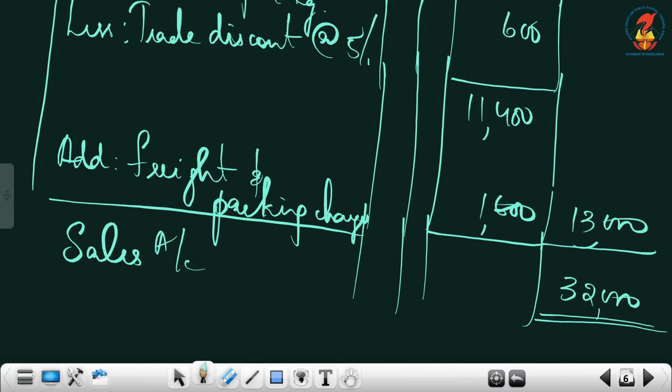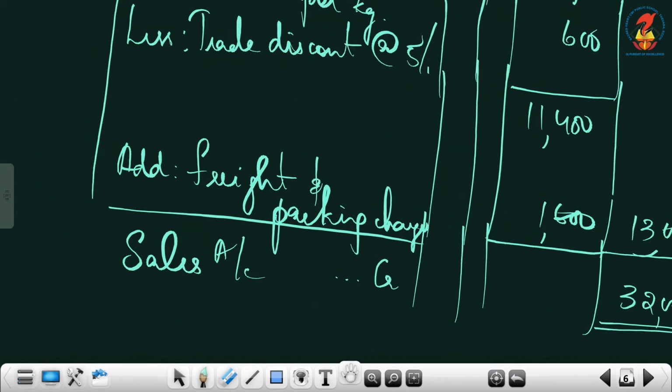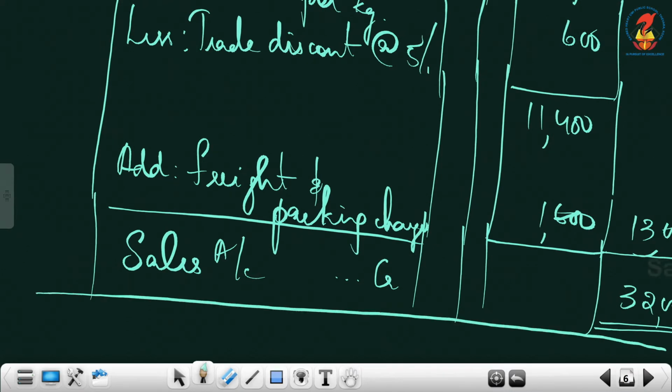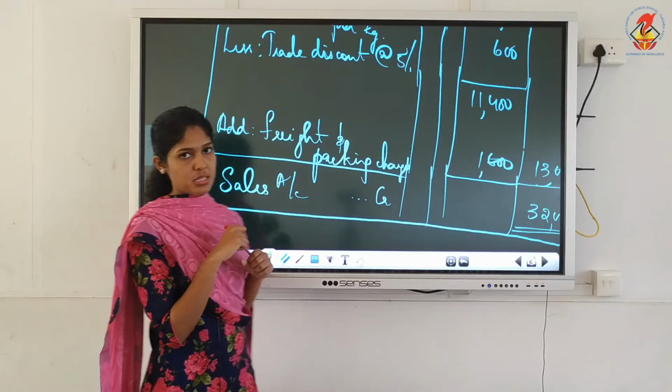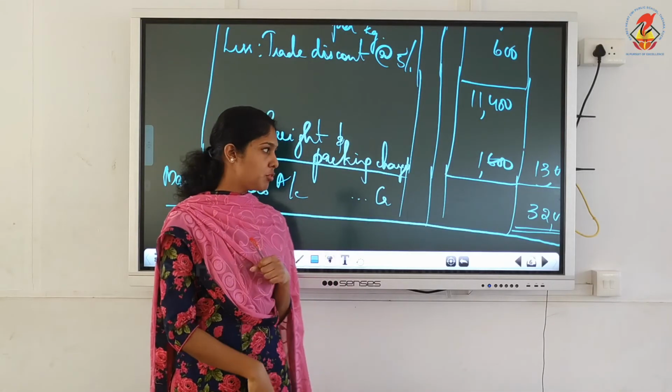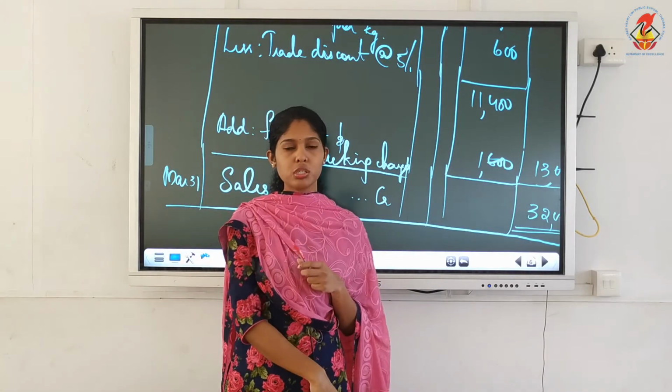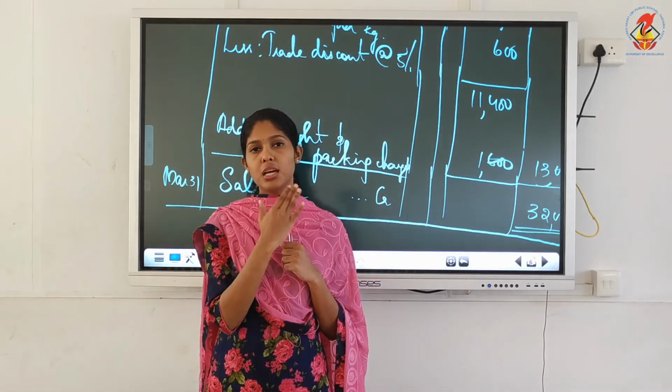So write sales account, and usually sales account will be having a credit balance, isn't it? So for sales you must write CR. For purchases we wrote DR. And here the date can be March 31st, that is the month end. So this is how we have to do sales book. The format is exactly same like purchases book.